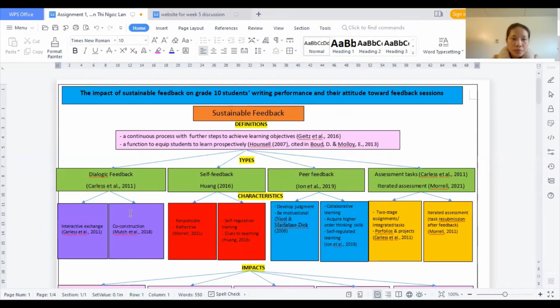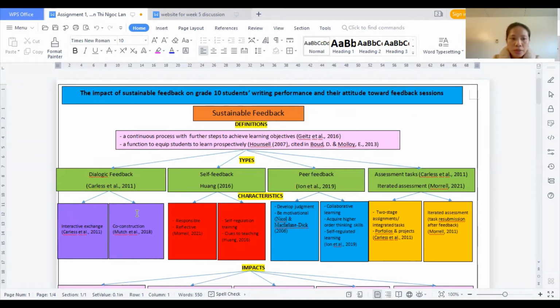In terms of dialogic feedback, according to Carless et al. 2011, it is an interactive exchange between teacher and students. In other words, it is a two-way communication so that students can be actively involved in their feedback process as well as their learning.